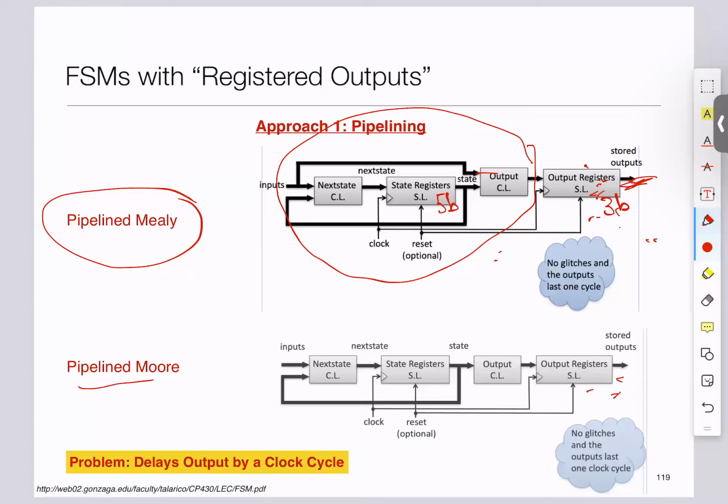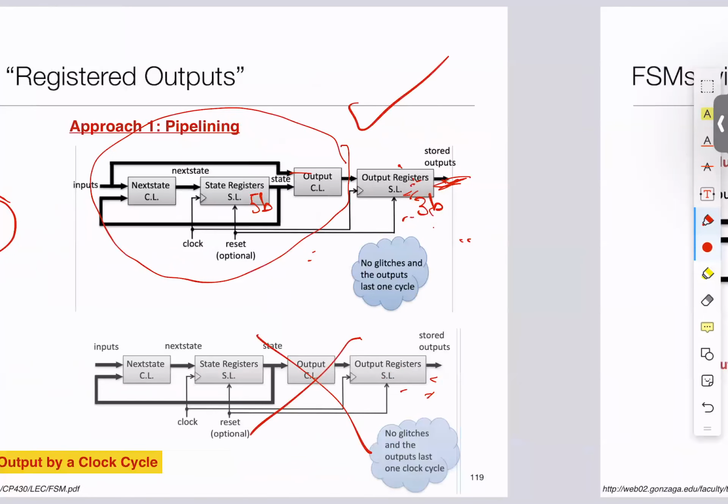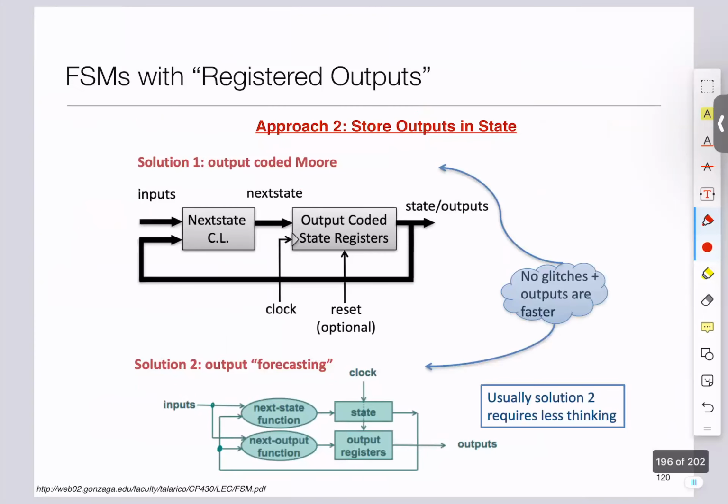Input effect will be felt at the output after 2 clock ticks. So not very desirable. This one, okay, I'm no worse than what my Moore machine was doing. But there is a clever trick that is often used: you store outputs in the state.